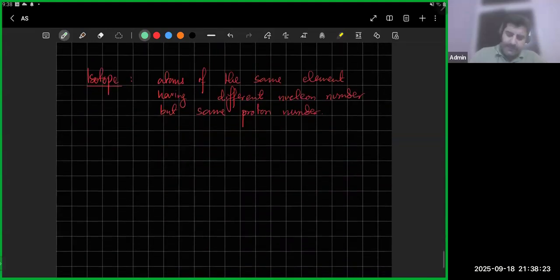And in IGCSE you did this formula, which is that the relative atomic mass is the average mass of all these isotopes.